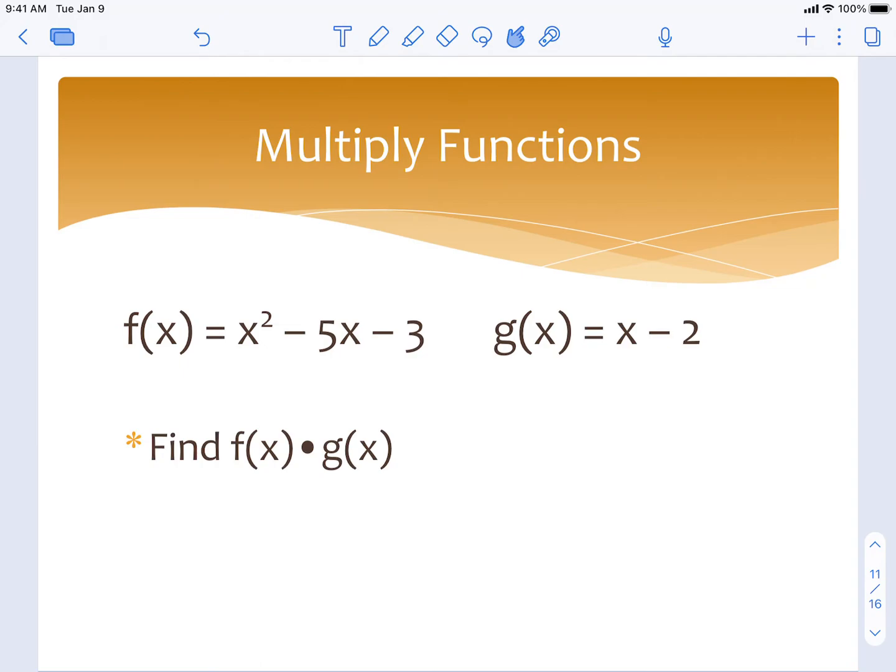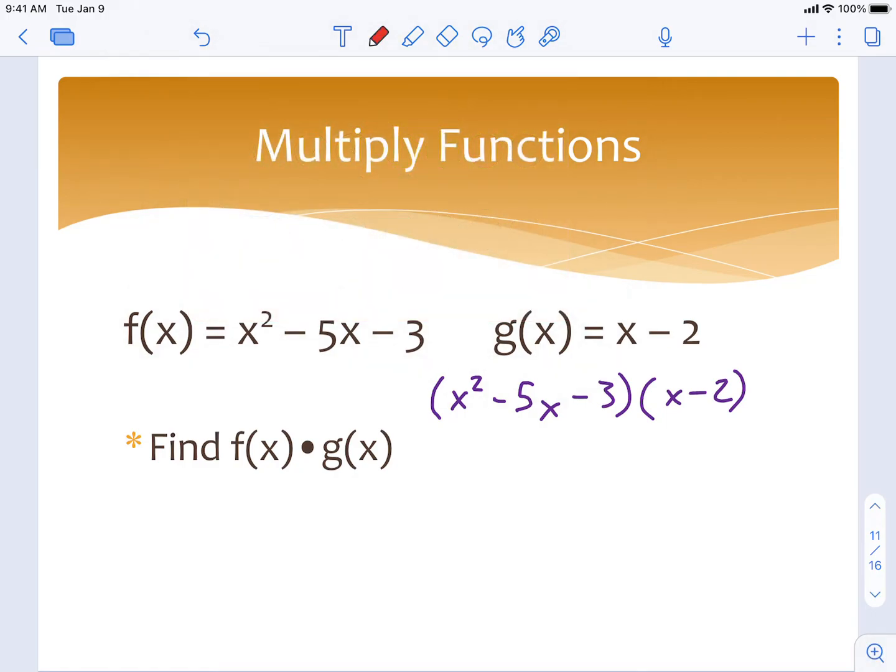All right, multiplying functions. With these ones, now you could use box method here. I'm going to use FOIL just because it works a little bit better for me with the amount of room that I have, but it doesn't matter. So stack them next to each other if you're doing it this way. Now I can FOIL either direction, right?